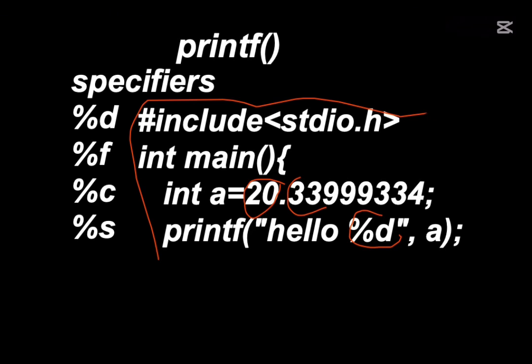So if you want to display the decimal, you have to use float, and that's why we have the float specifier. So here I have to use float.